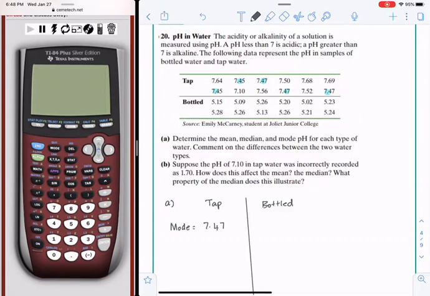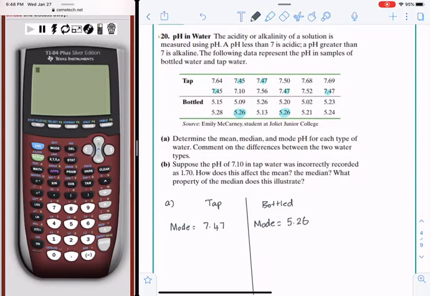For bottled water, the mode, let's see, is there something that's repeating itself? I see 5.26 repeating itself twice. And I don't see any other observations repeating itself. So the mode is 5.26. The rest we can do using the calculator.